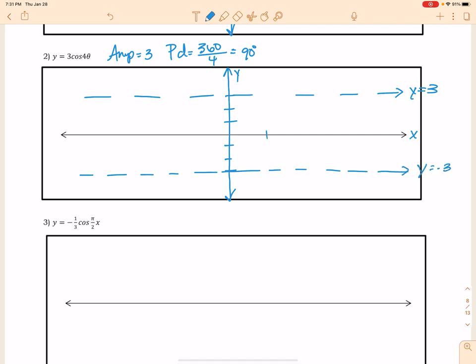The period, 1, 2, 3, 4, 1, 2, 3, 4, 90, okay, so I'm going to have 90 on this side and 90 degrees on that side. So I'm going to have to divide 90 by 4. So that is going to be 22.5 degrees. And then over to the left, we'll have the same values.